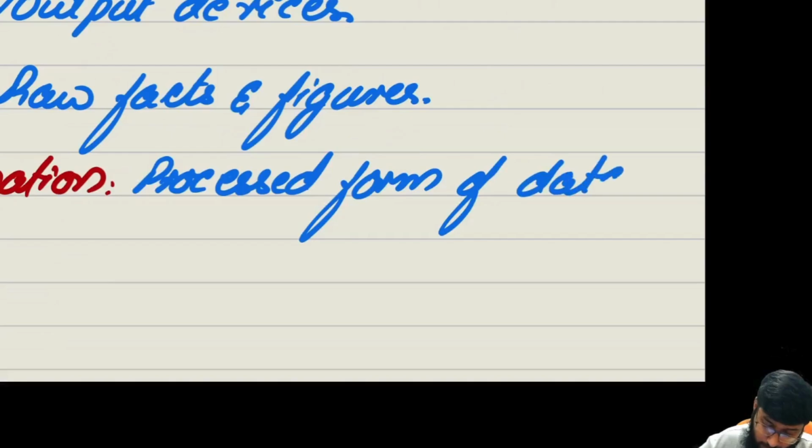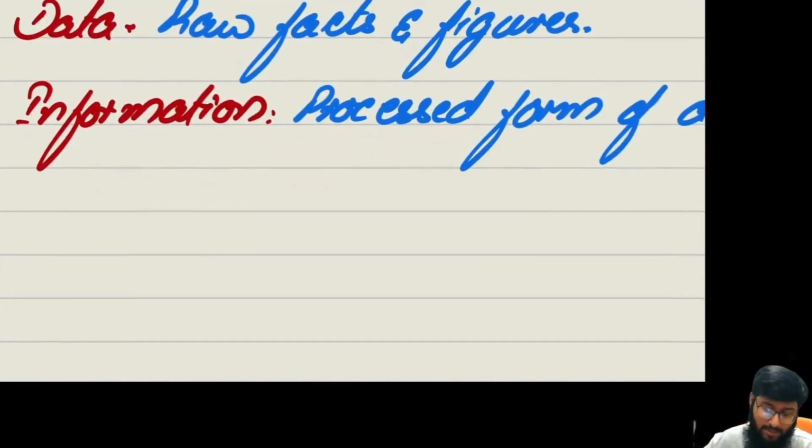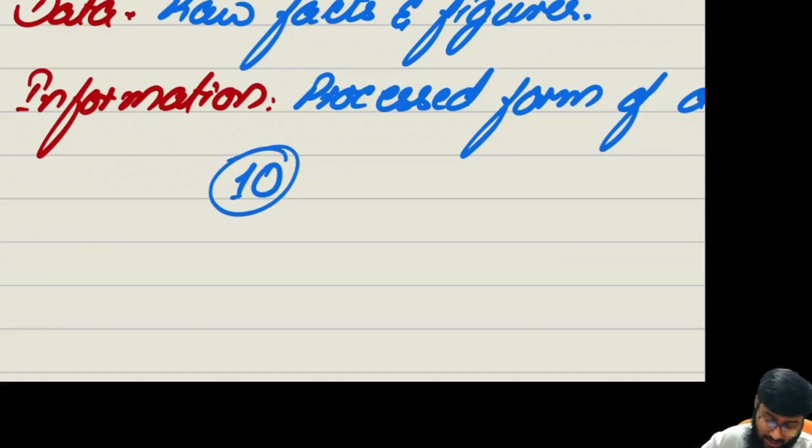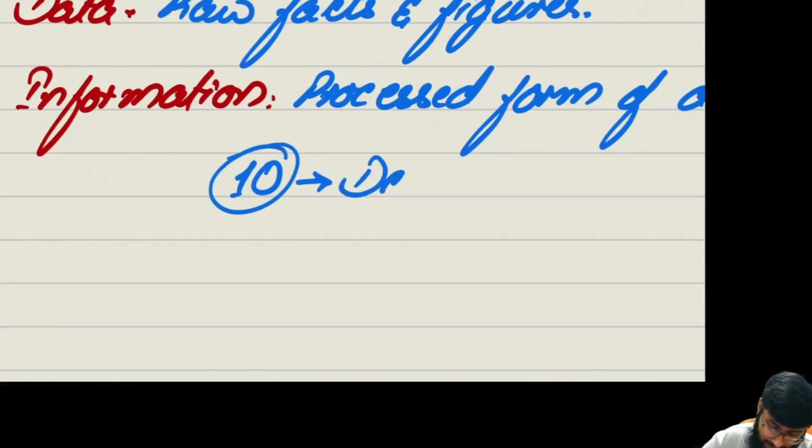Suppose I ask you how many students are there in the class, and you say, sir, there are 10 students in the class. This 10 is termed as data. Now if I ask you to bifurcate them and let me know how many boys and how many girls there are, you might do it on the basis of name or gender.